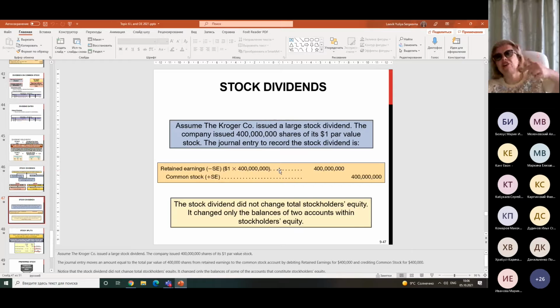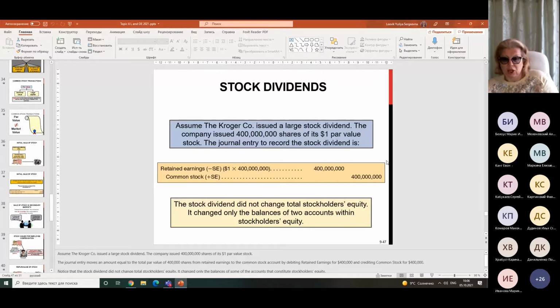So this is the reclassification in the right part of the main accounting equation. So as a result, you see no change in total stockholders' equity. The only change is between the balances of two special accounts, retained earnings and common stock. That's all. This is the structure of this transaction.